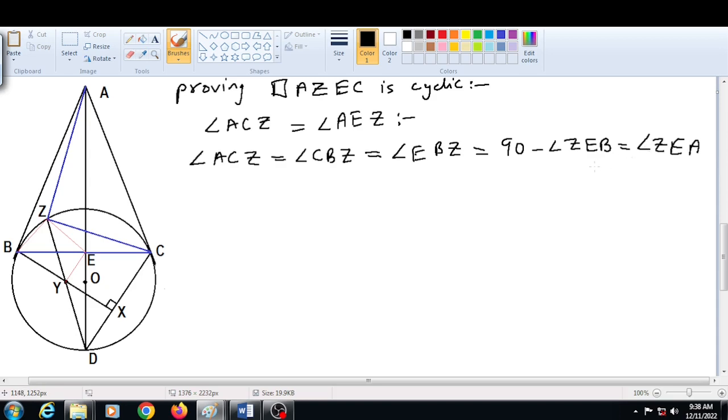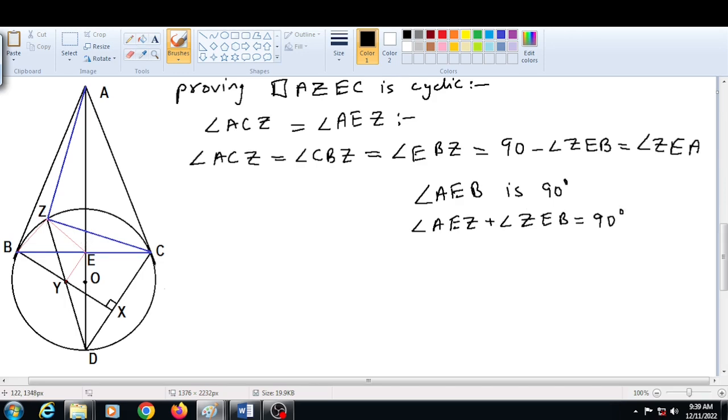And why is that true? It is true for the following reason. Notice as angle AEB is 90 degrees, let me write here angle AEB is 90 degrees. As this is true, we have angle AEZ plus angle ZEB is equal to 90 degrees.